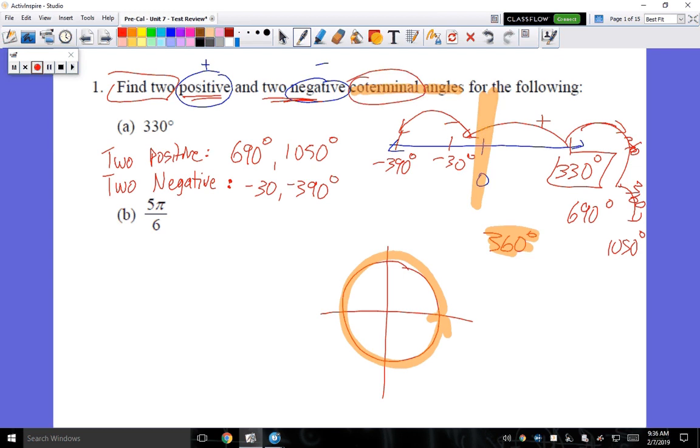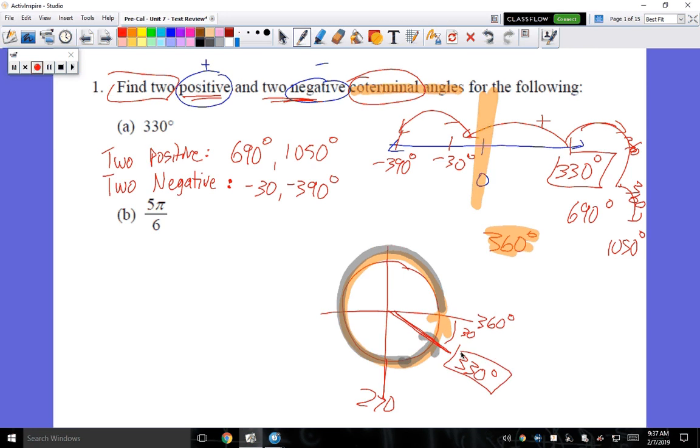So let's visually see what this looks like. 330 degrees would travel all the way here, because we know this line here is 270. And then we're going to go just a little bit further, about right there, which is going to terminate at 330, because you still have that 30 degrees left in order to complete the 360 revolution.